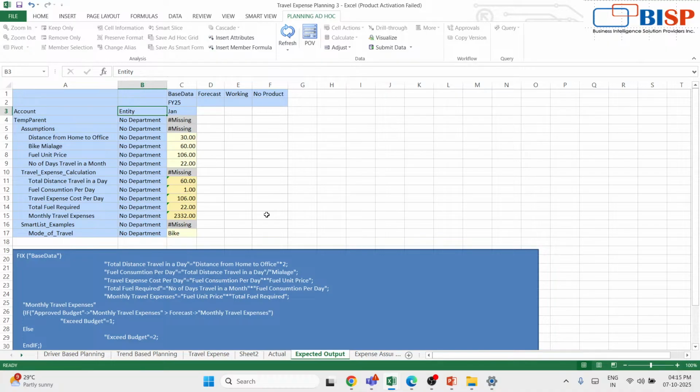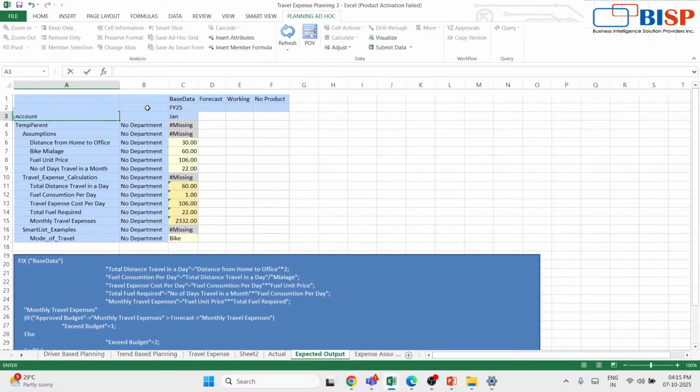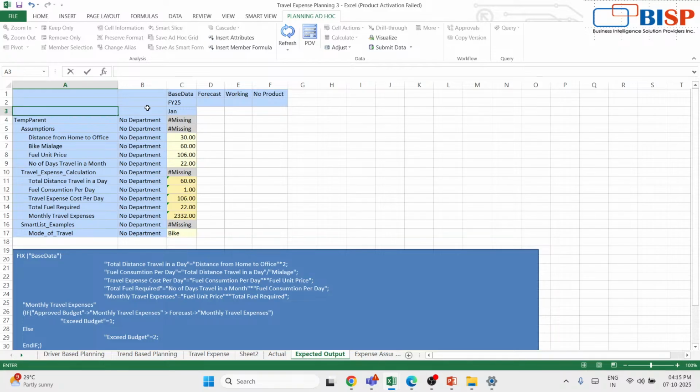Now we can see the entity and account. This is the expected output which we would get while implementing the business rule. These are the drivers.